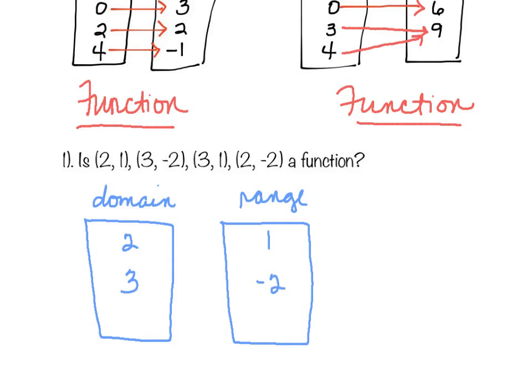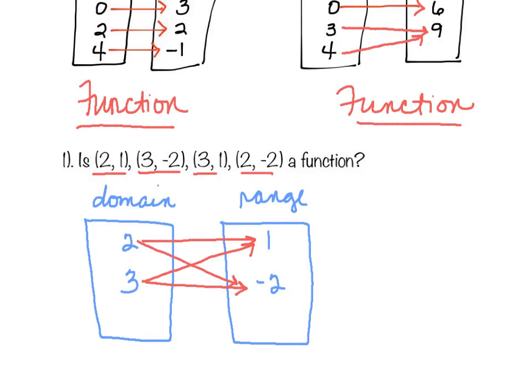So let's map this out. All right, looking at the first ordered pair, 2 goes with 1. Looking at the second ordered pair, 3 goes with -2. Looking at the third ordered pair, 3 goes with 1. And the fourth ordered pair, 4 goes with -2.